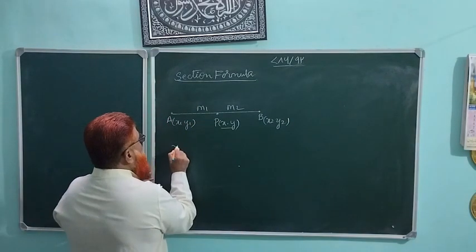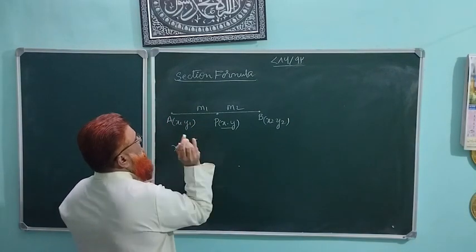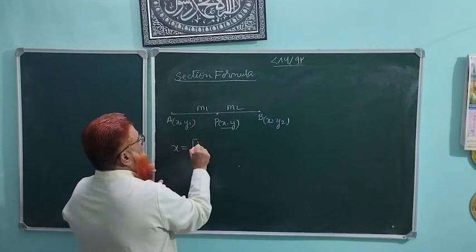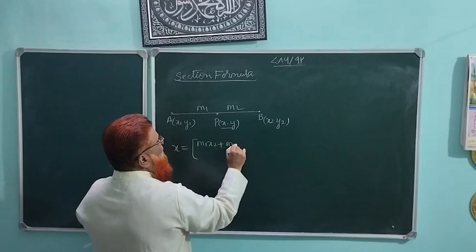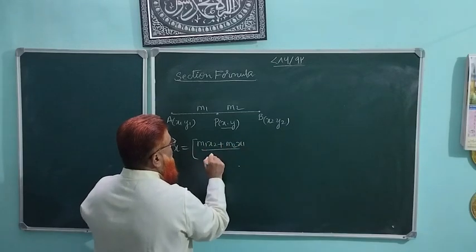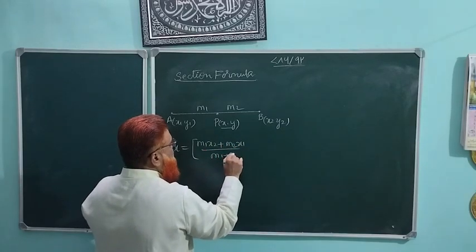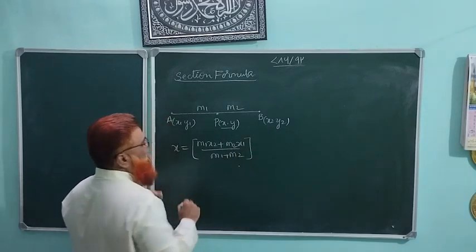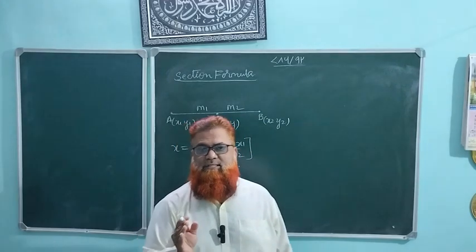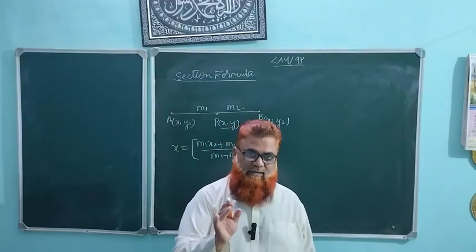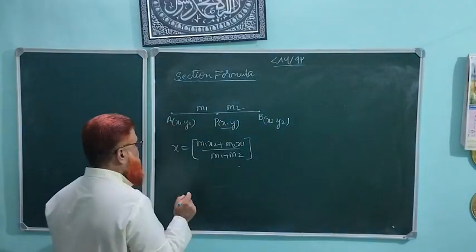How? Let x be equal to m1 x2 plus m2 x1 divided by m1 plus m2. Yesterday in my video I told you how to write and remember this section formula with a simple trick. Once again I will show you further.